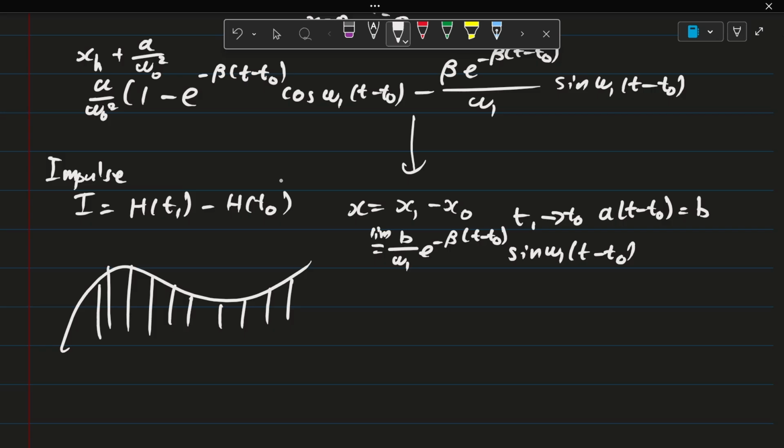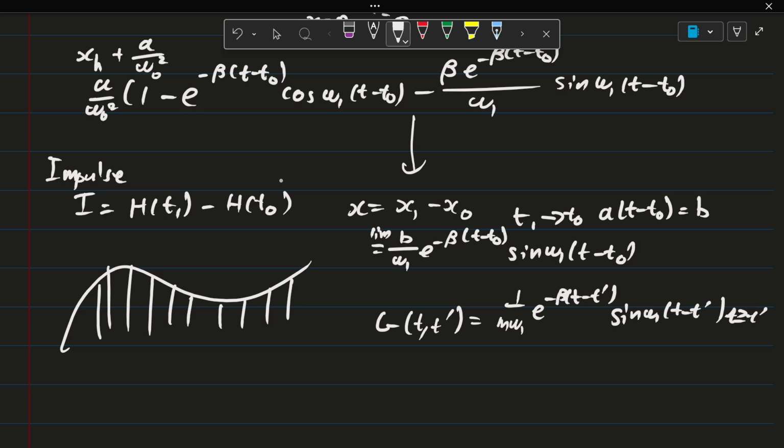And that's it. This method is what you call Green's method or the Green's function, in which you denote the Green's function g to be 1 over m omega 1 e to the power negative beta (t minus t prime) sine omega 1 (t minus t prime) for time greater than t prime, and 0 otherwise.